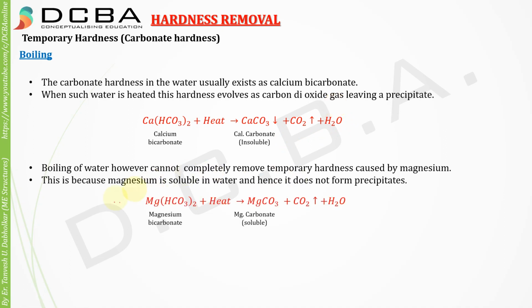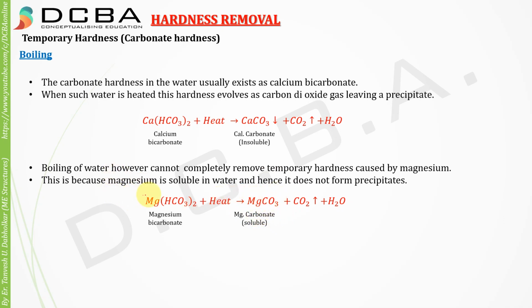Boiling of water, however, cannot remove temporary hardness caused by magnesium. So we have magnesium bicarbonate plus heat, which produces magnesium carbonate, but this magnesium carbonate is soluble in water, so it is almost useless. If the product being formed is again getting dissolved in the water, what is the use?